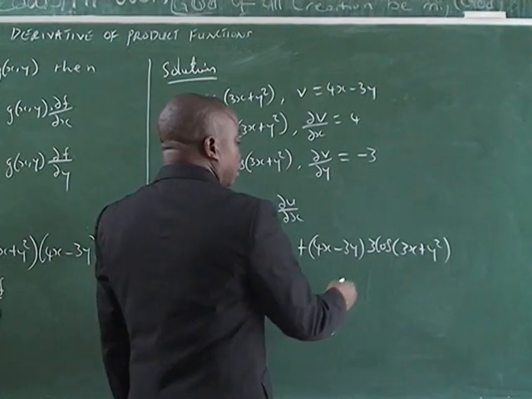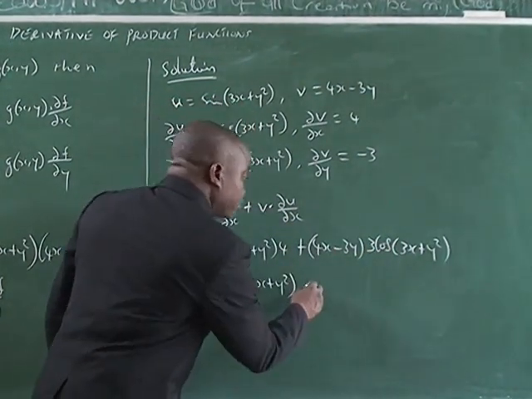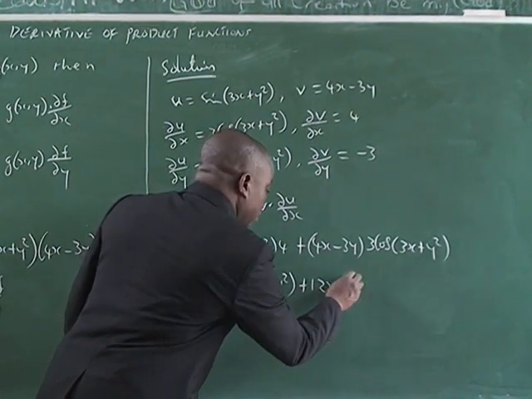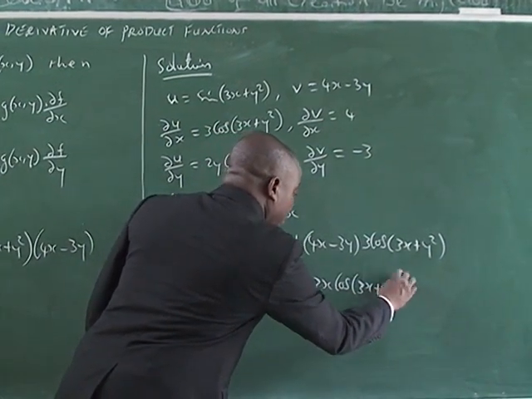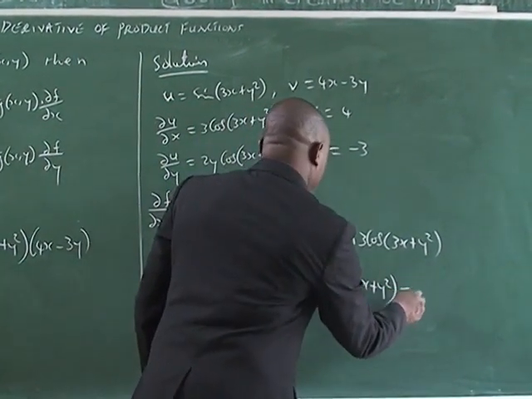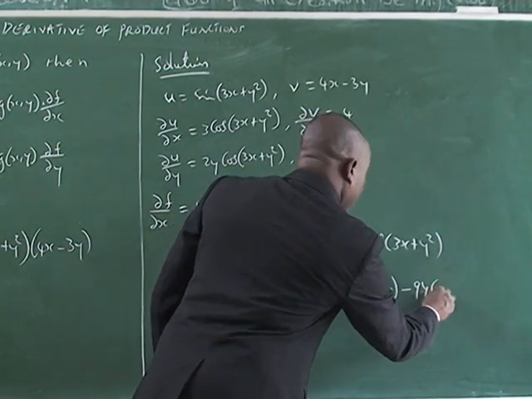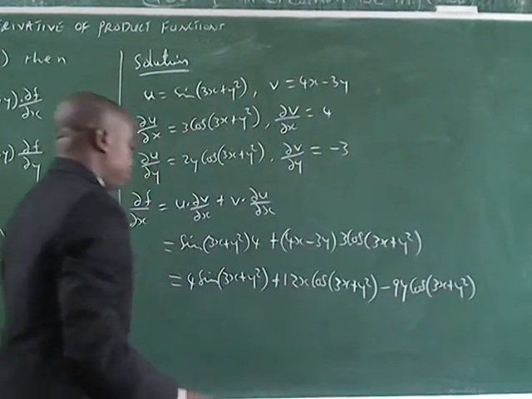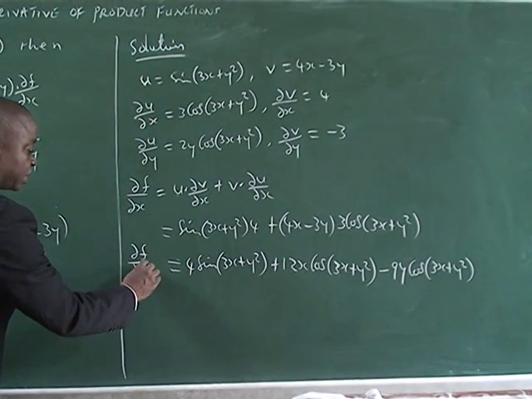If you multiply this out, we will have plus 12x cos 3x plus y squared, then minus 9y cos 3x plus y squared. This is partial f, partial x.